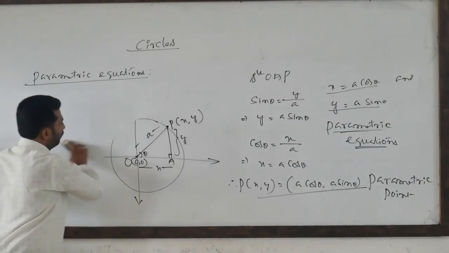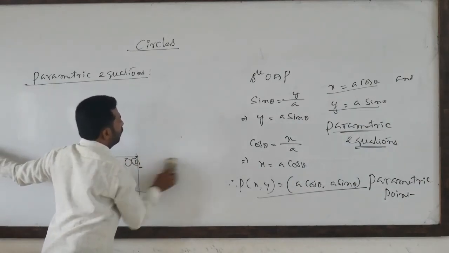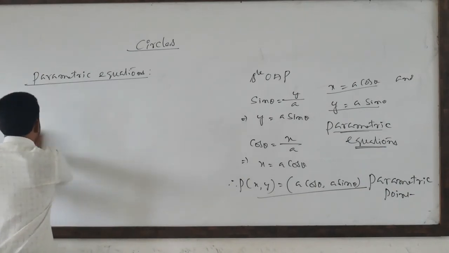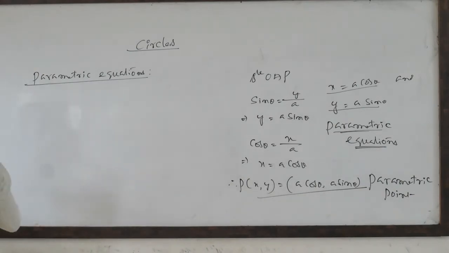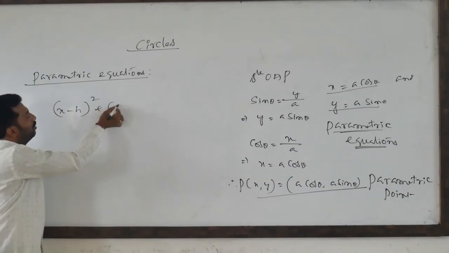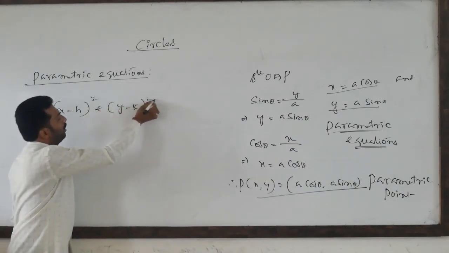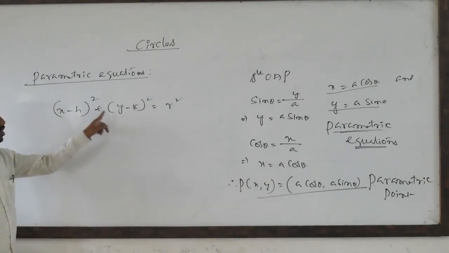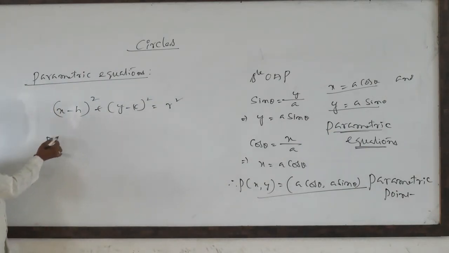Suppose the given circle is not at origin, meaning it is not in standard form. Suppose the center is h comma k, that is x minus h whole square plus y minus k whole square equal to r square type. Center is not at origin, so what is the parametric point?